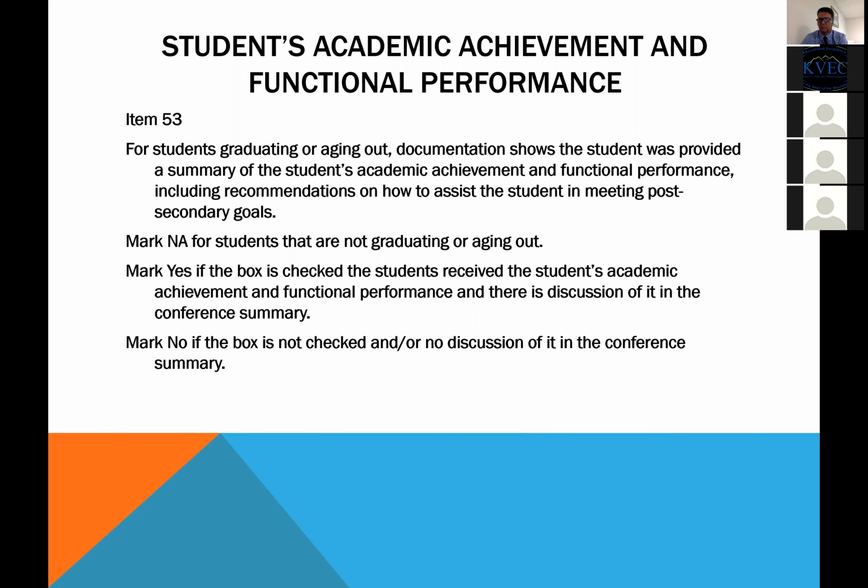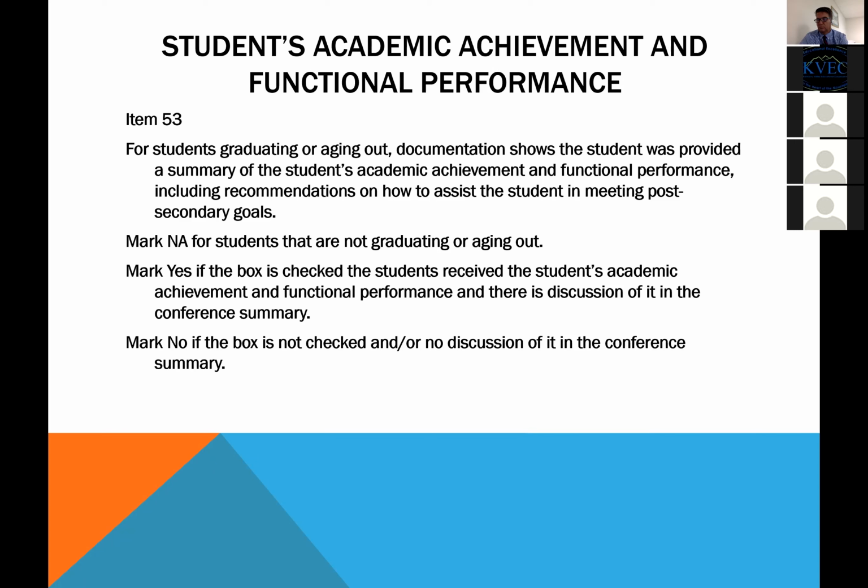Students' academic achievement and functional performance, and years ago we used to call this a SOP. But anyway, item 53, for students graduating or aging out, documentation shows the student was provided a summary of the student's academic achievement and functional performance. And this includes recommendations on how to assist the student in meeting post-secondary goals.